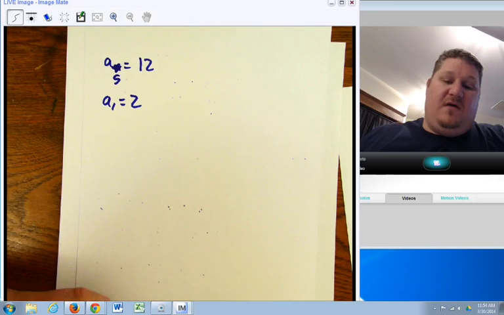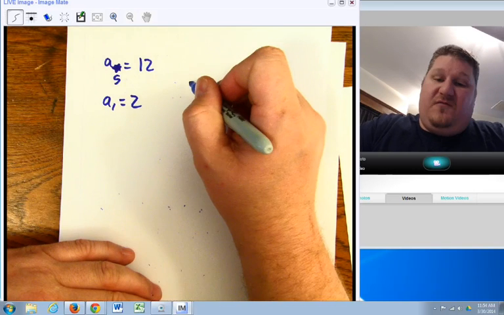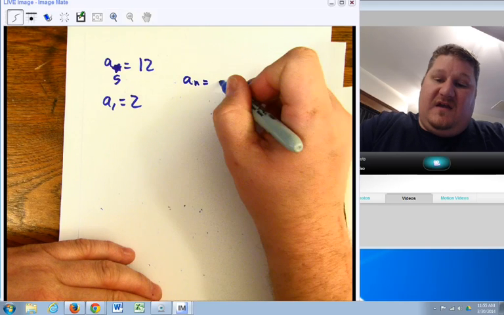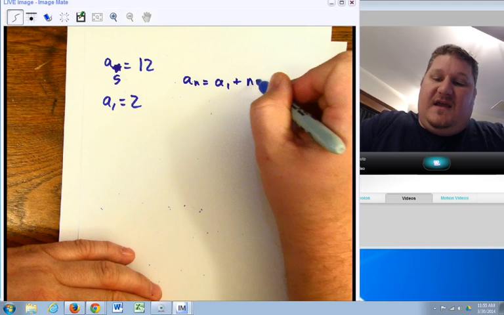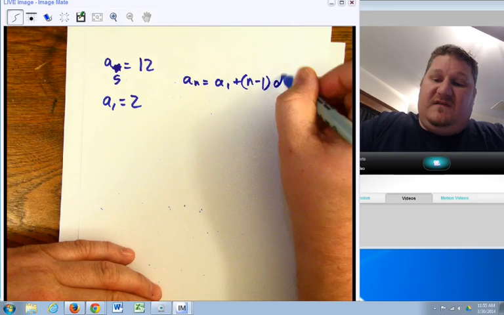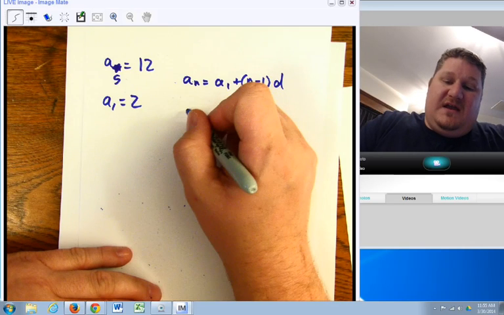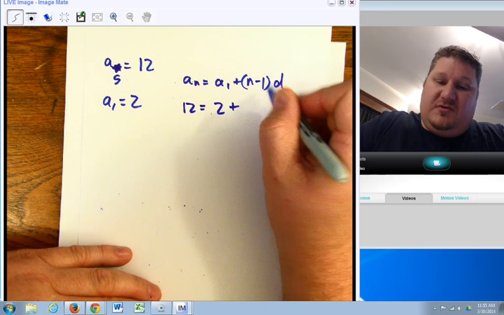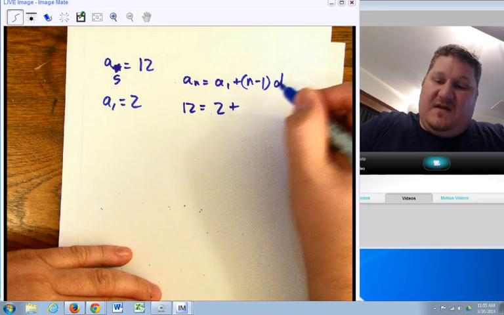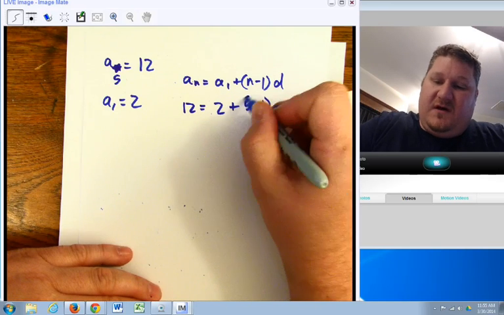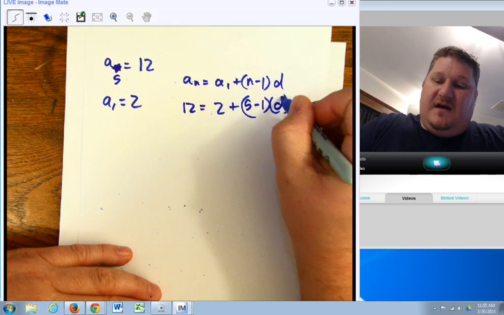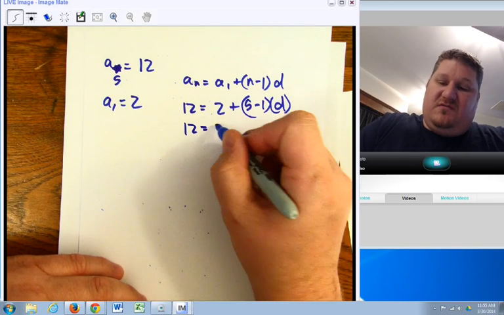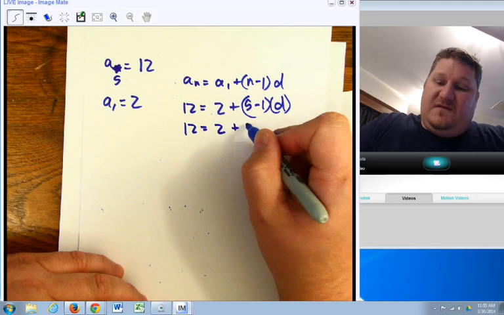So if I wanted to find the difference, I'd simply take my formula, a sub n equals a sub 1 plus n minus 1 times d, and I would plug in what I know. 12 equals a sub 1, which is 2, plus, it's the fifth term that I have, so 5 minus 1, parenthesis, times d. So I have 12 equals 2 plus 4d.